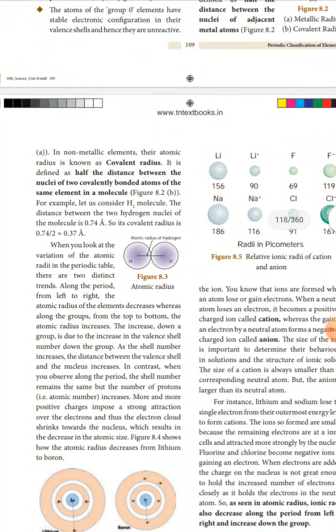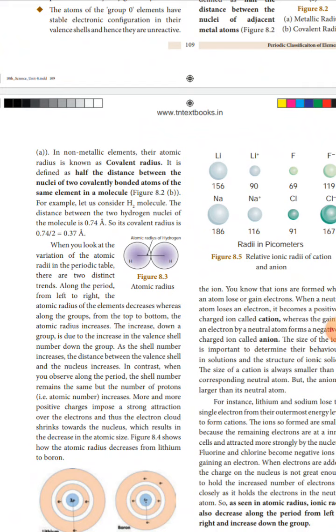Next, what is called a covalent radius? Covalent radius is mainly for non-metals. So metallic radius for metals, covalent radius for non-metals. A non-metallic element like fluorine, chlorine. For these non-metallic elements, the atomic radius is known as covalent radius. How to define it?